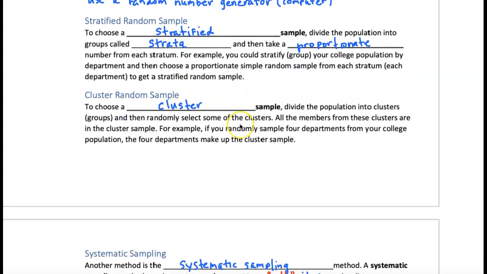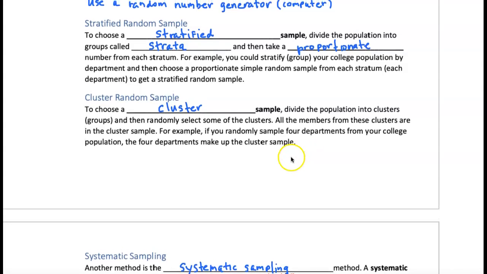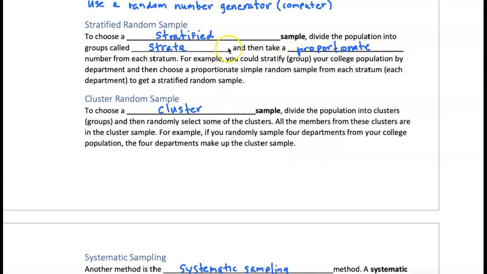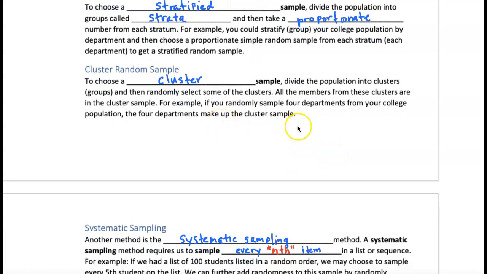Next is what we call a cluster sample. A cluster sample is where you divide the population into groups, what we call clusters, these big groups. And then we just sample a certain number of clusters. In a stratified sample, we select some from all. We select a proportion of people from all of the groups. In a cluster sample, we sample all the people from some of the groups.